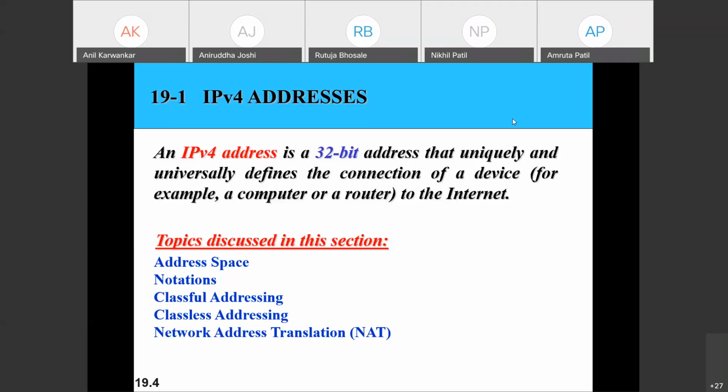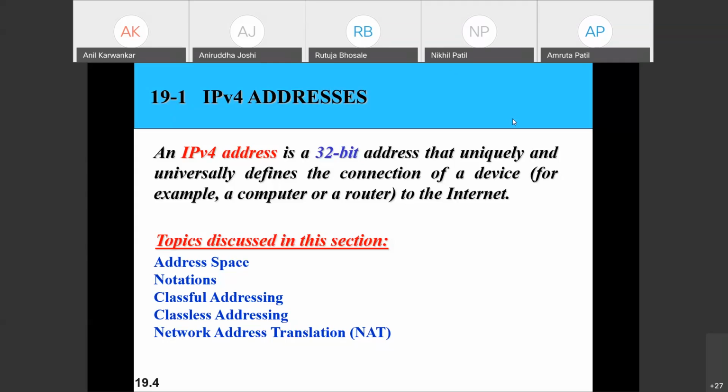In Indian quantity, it's more than one Arab addresses, but still they are not at all sufficient.